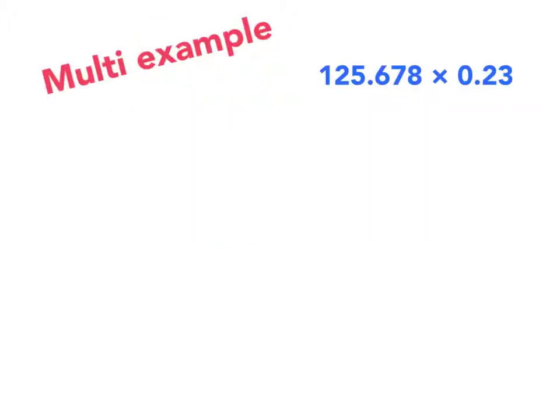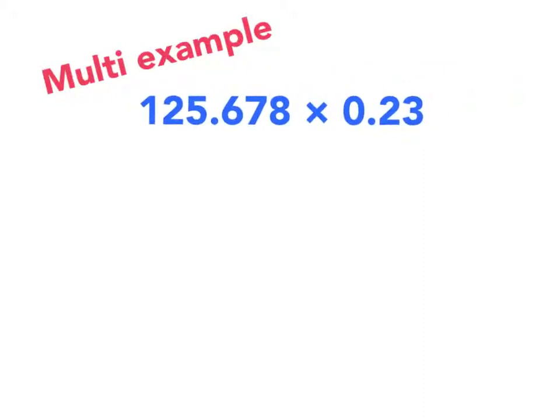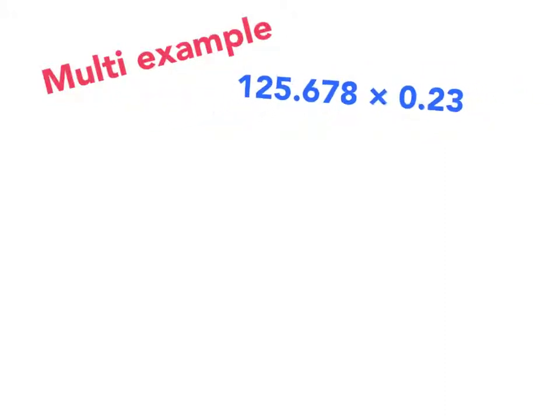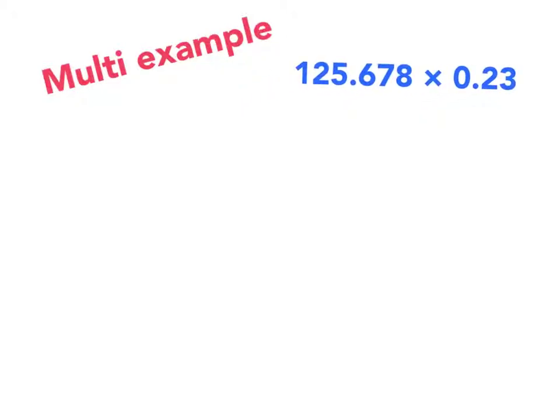Okay, here's my example. When I was talking about multiplication, I said we just ignore the decimal places. So for the time being, my example here is 125.678 multiplied by 0.23. I'm going to write this out how I write multiplication, with place values under place values.